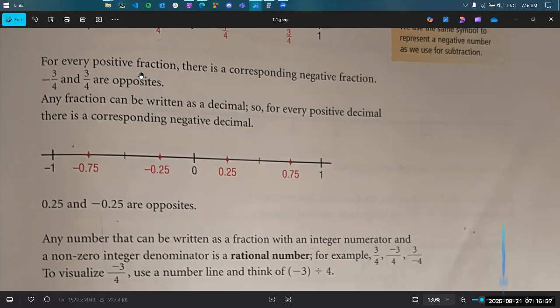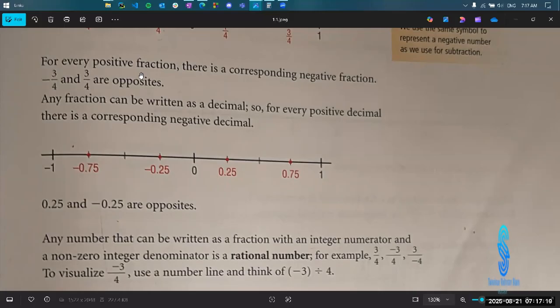Like if there is a minus 1, there can be a positive 1. If there is minus 2, there can be positive 2. And if there is minus 3 divided by 4, there can be positive 3 divided by 4. And those are nothing but opposite numbers.